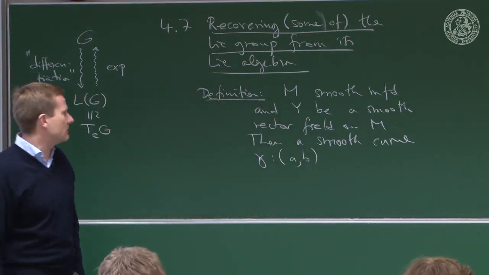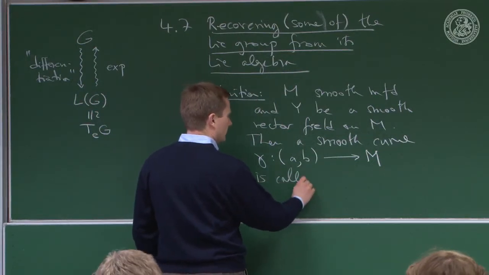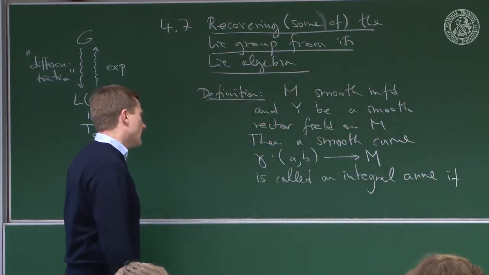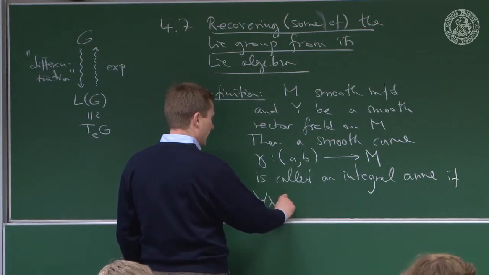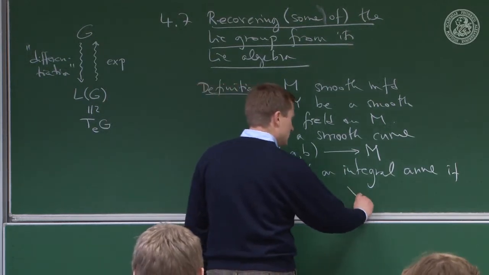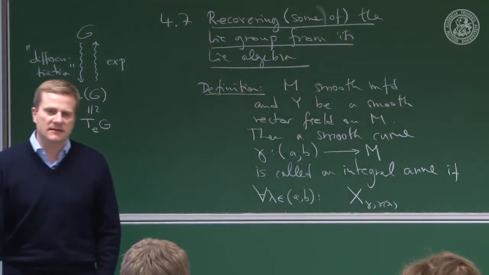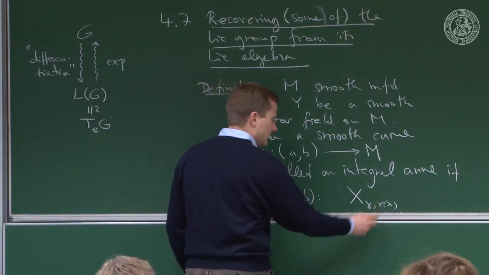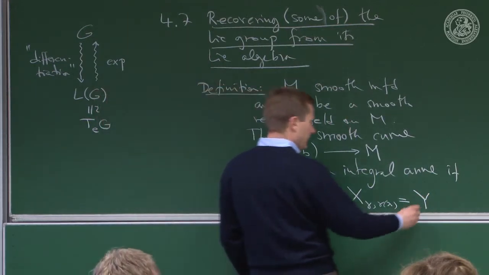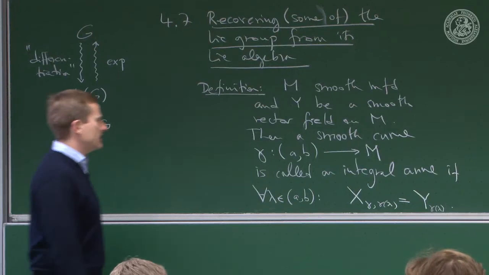Let's say with a parameter range from some real number A to some real number B into the smooth manifold, is called an integral curve if for every point along the curve, that means if for any parameter value lambda in the interval (A,B), it is true that the tangent vector to the curve at the point gamma of lambda, remember we always indicated the tangent vector to a curve by this symbol, is actually given by the given vector field at the very same point through which the curve passes. So that's an integral curve.